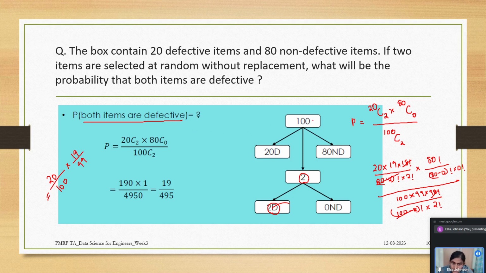There are totally 100 things. In that we know that 20 items are defective and 80 are non-defective. Our first intention is to take 2 out of that.